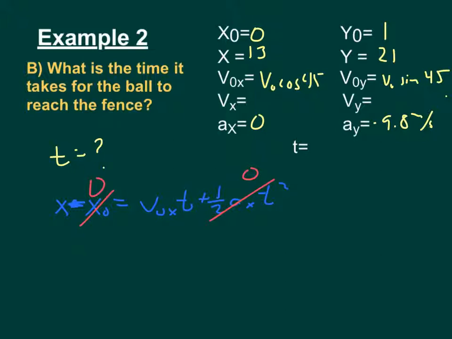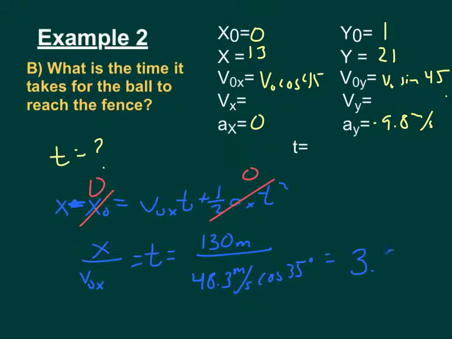And we get x over v naught x equals t, which equals 130 meters over 48.3 meters per second times cosine 35 degrees. And when you plug this in, you will get 3.29 seconds.